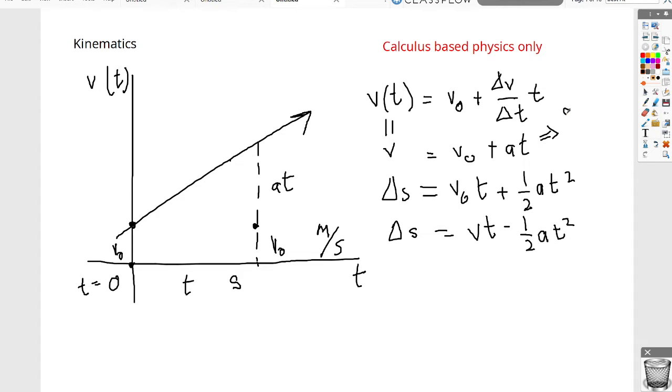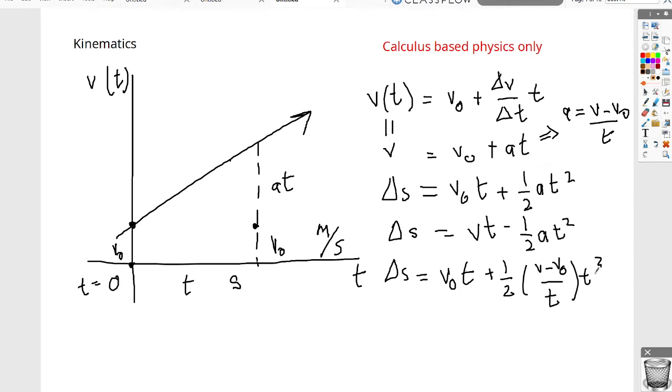Acceleration is equal to V minus V naught over T. So we can substitute that into our first equation. We get V naught T plus 1/2 times V minus V naught over T times T squared. What will that give you? That will give you 1/2 times V minus V naught T.